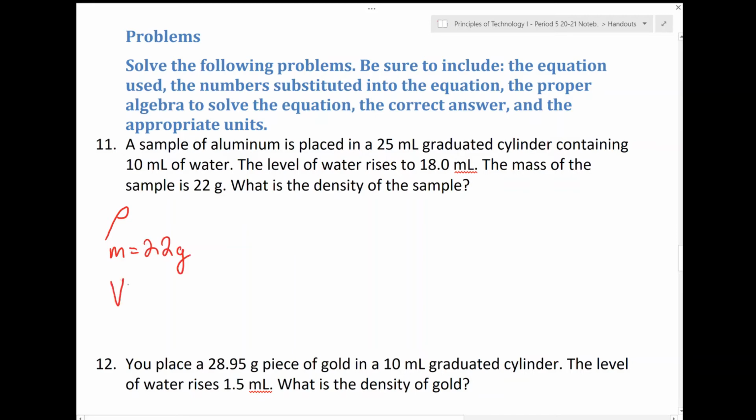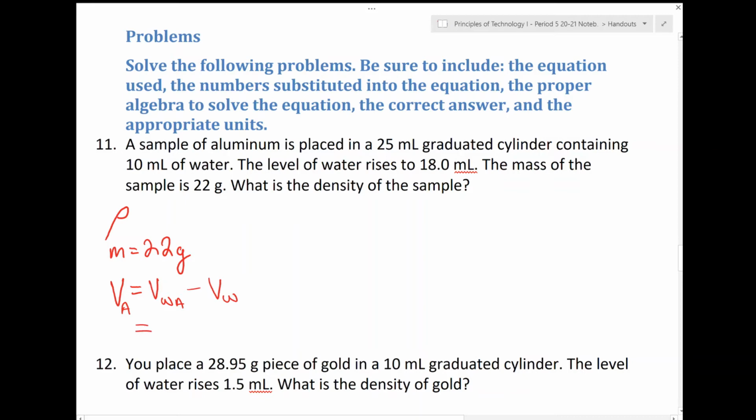We don't exactly have the volume. However, we have the volume with the water and the aluminum, and we have the volume of just the water. So we could figure out the volume of the aluminum by subtracting those two values.